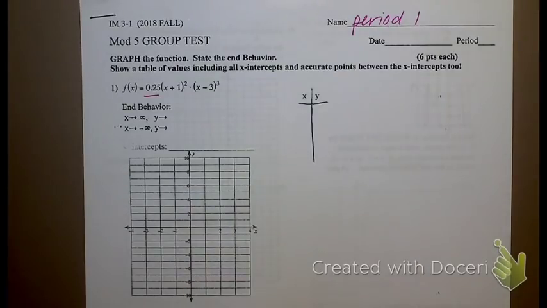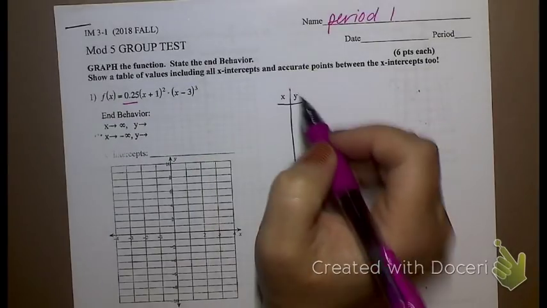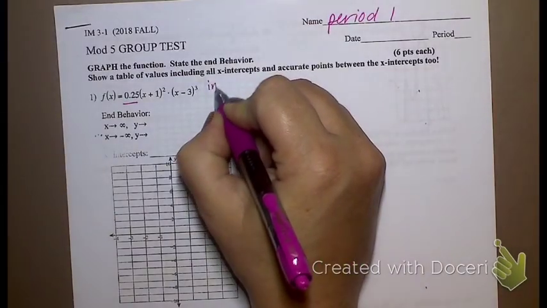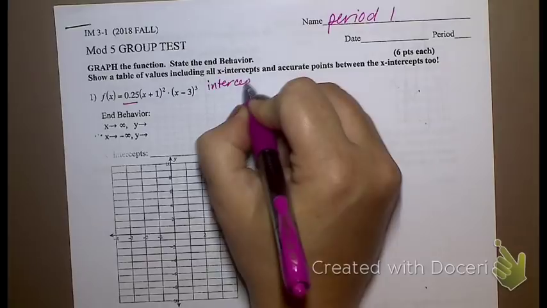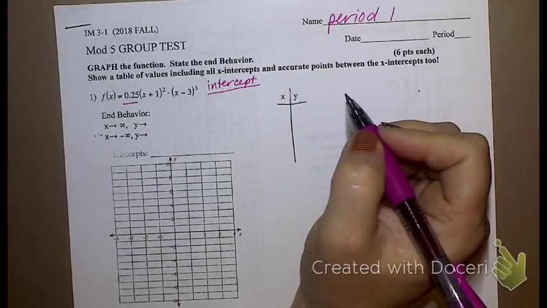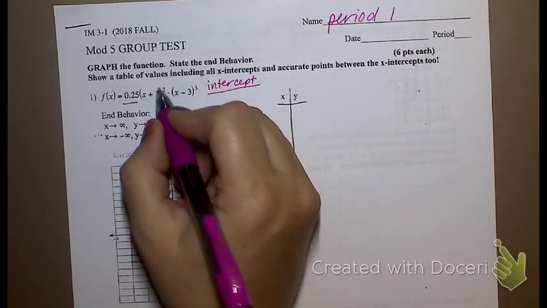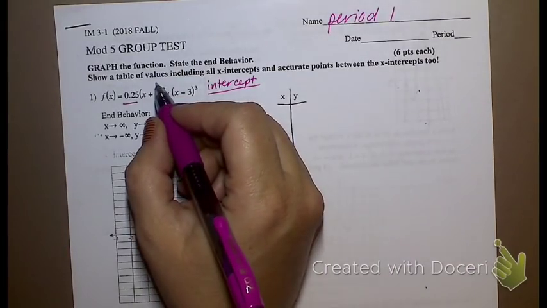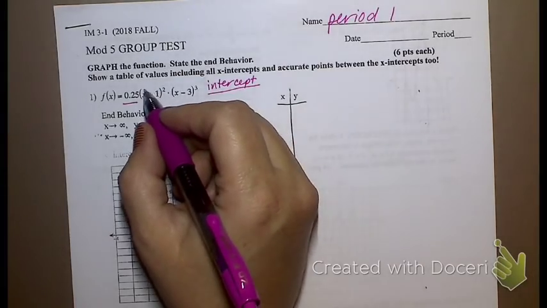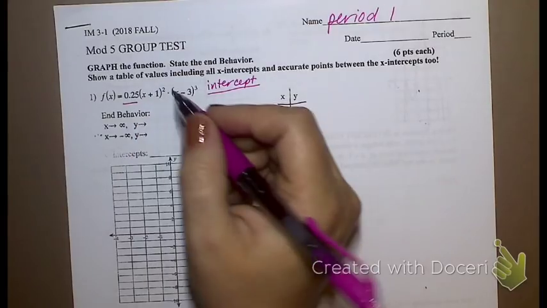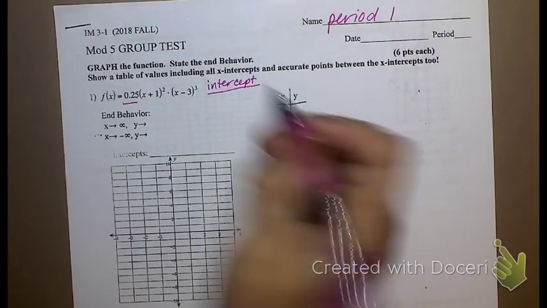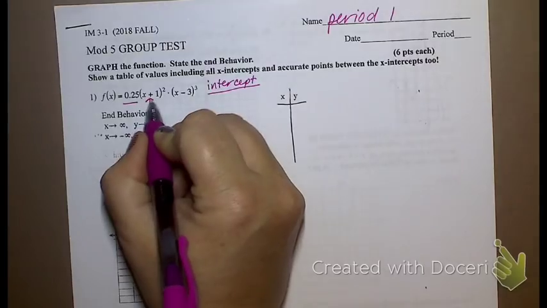Let's see. So what form is this equation written in? It's written in intercept form. Okay? Which means that what are my X-intercepts? I have one here, right?